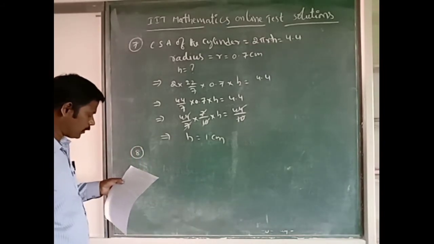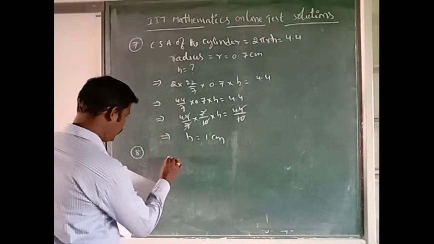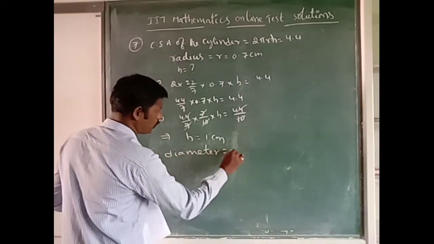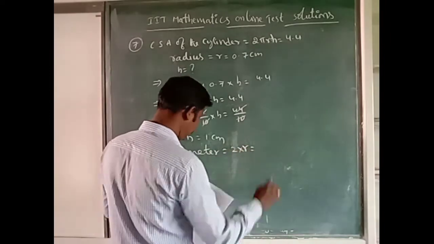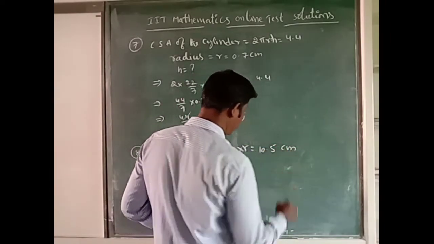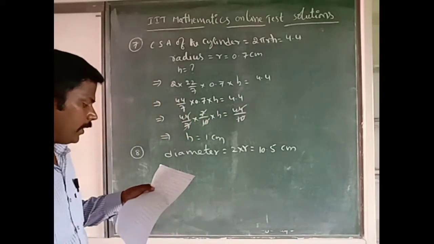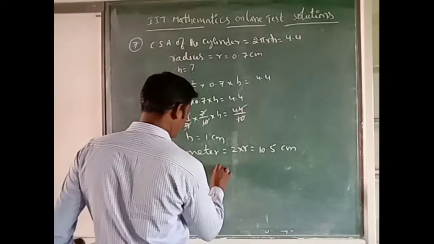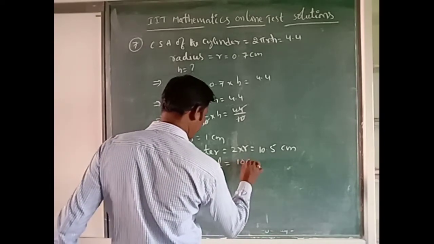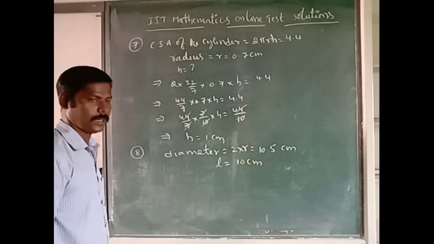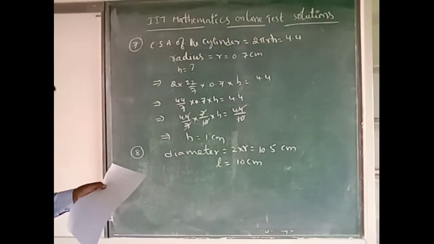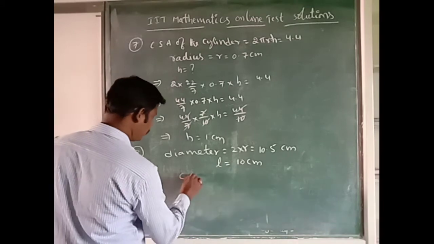The diameter of the base of the cone, diameter is equal to 2 times the radius, is equal to how much? 10.5 centimeters. Next, the slant height L is equal to how much? 10 centimeters.